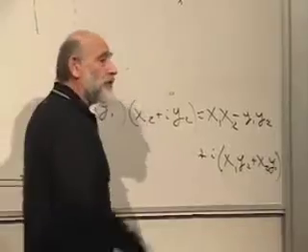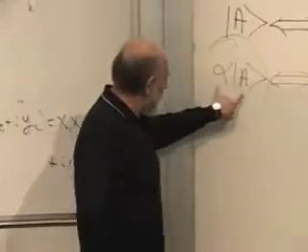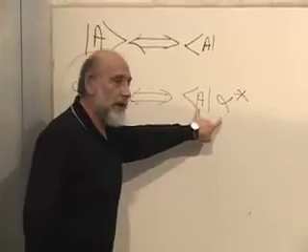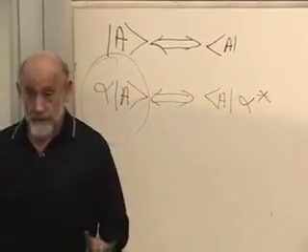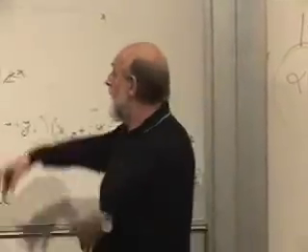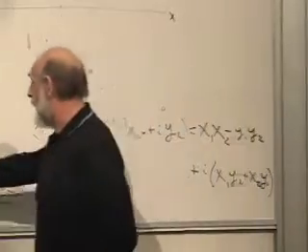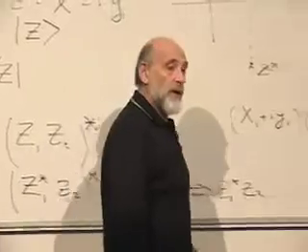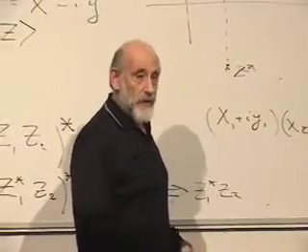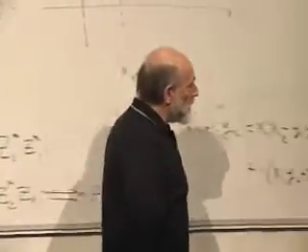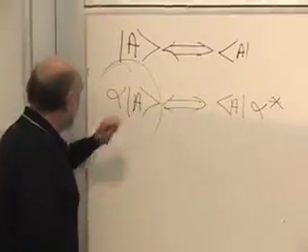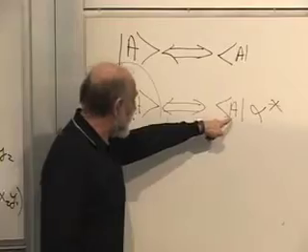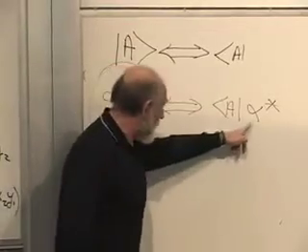This is just a statement that complex conjugating a product requires you to complex conjugate both pieces of the product. Okay? We had, where was it? Yes, here it is right here. Complex conjugating a product means complex conjugating both factors. So the complex conjugate of alpha times A, if A was just a number, for example, would be the complex conjugate of A times the complex conjugate of alpha.